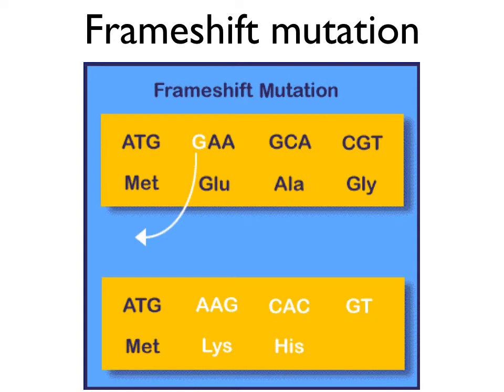They're supposed to code for GLU and ALA, but now that they're slid to the left one position, it has completely changed the codons and what they code for. So a frameshift mutation has effects that go all the way down the mRNA. From that spot on, every codon is affected. And as you can imagine, that can have catastrophic effects on the production of a polypeptide that can be folded into a functional protein.